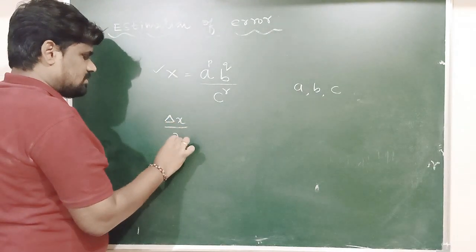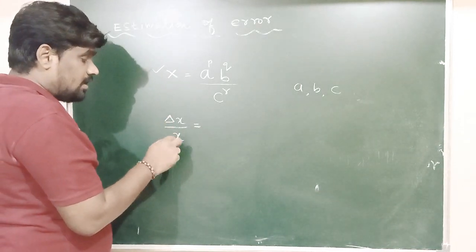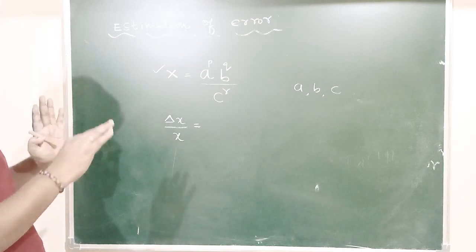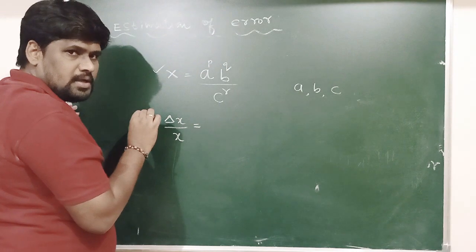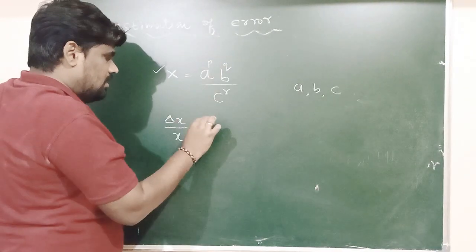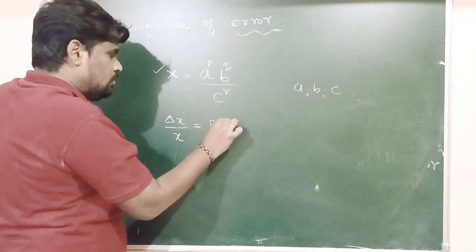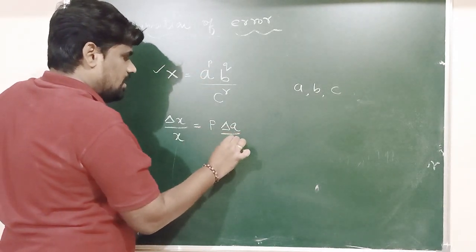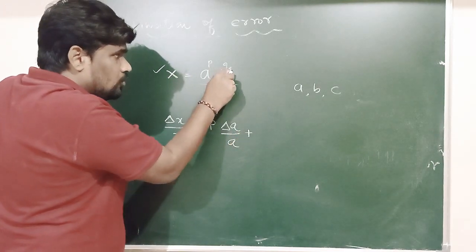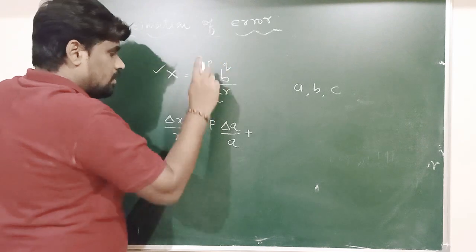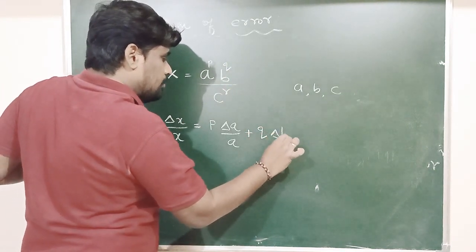Delta x by x is called the relative error in the measurement of x. A to the power p can be written as p into delta a by a, plus B to the power q, which can be written as q into delta b by b.